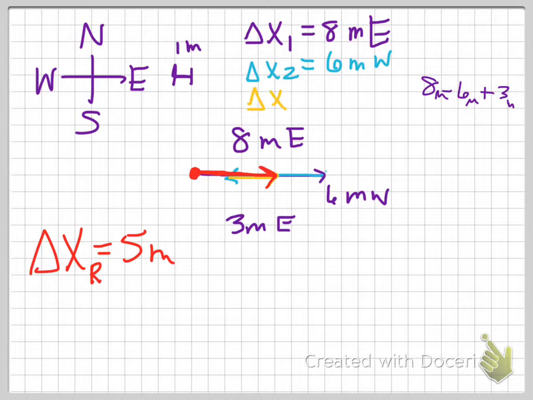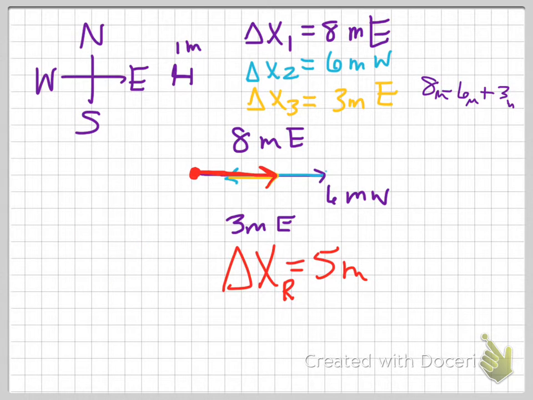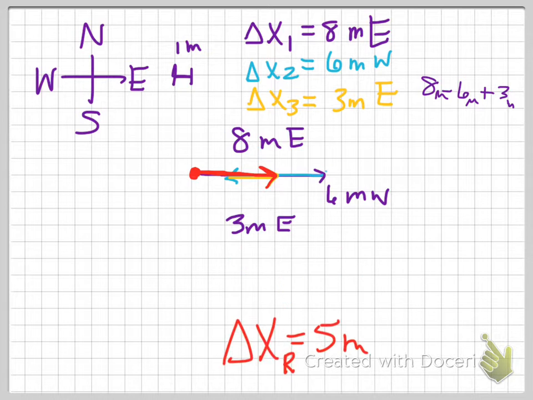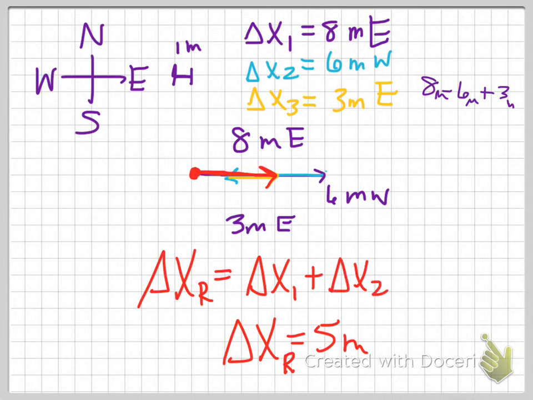And delta x3 equals 3 meters east. My resultant vector is the sum of delta x1 plus delta x2 plus delta x3. Now that's one-dimensional motion. That's all on a single axis.